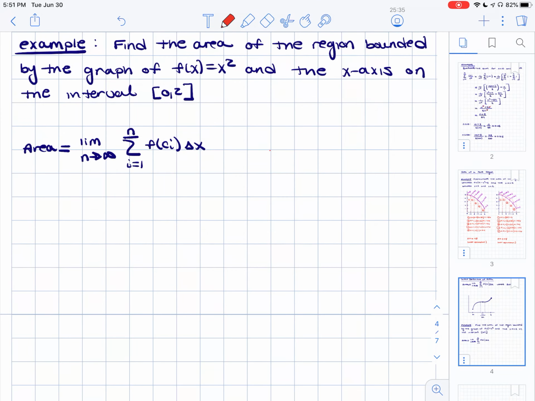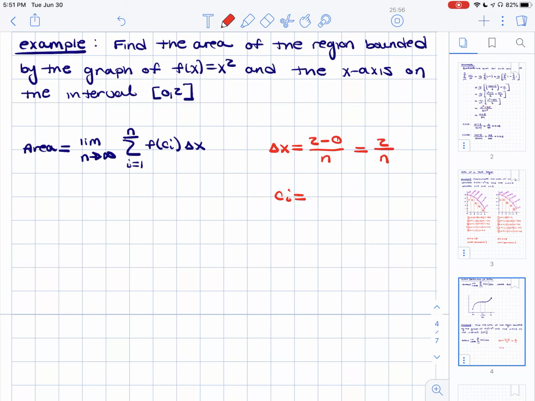All right, now delta x is always going to be b minus a divided by n. In this case, that's 2 divided by n. The other thing here is the c sub i value.